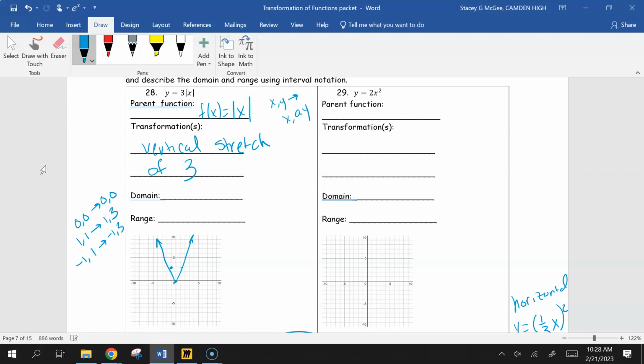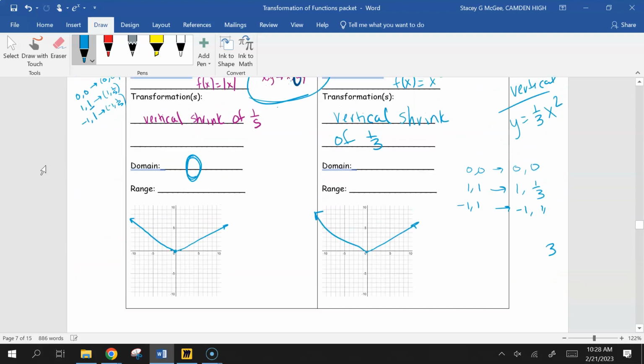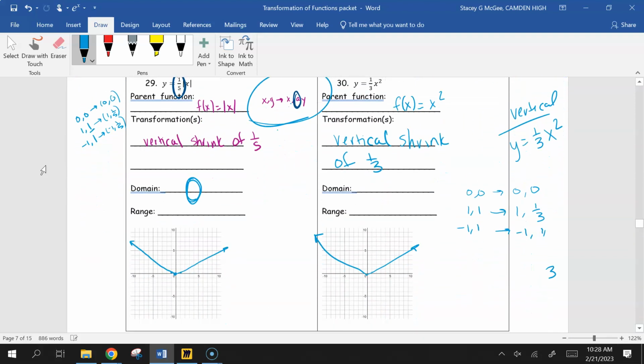Dividing by a fraction or multiplying by the flip, either one of those is the same. I would probably multiply by the reciprocal, be a little easier. Yeah, that's vertical.